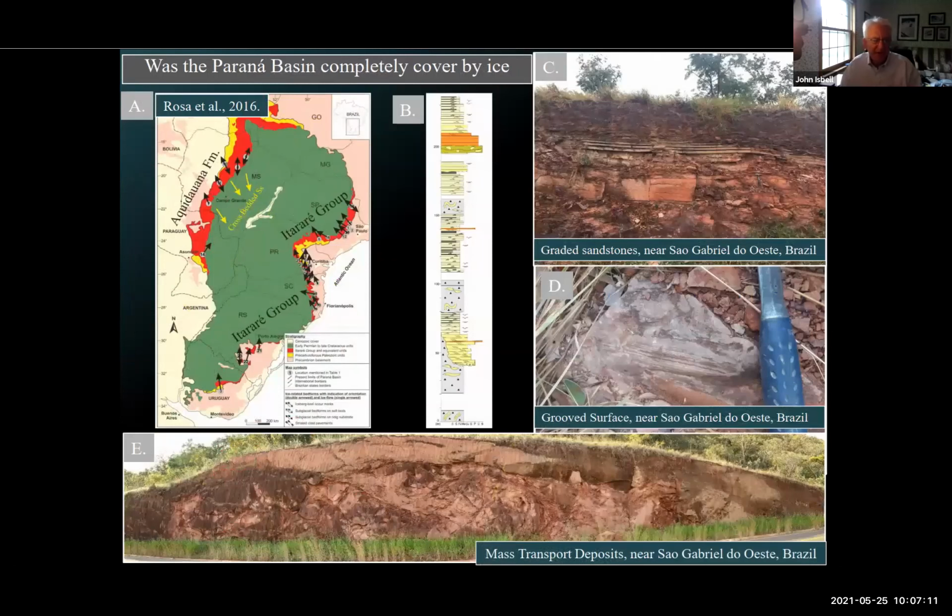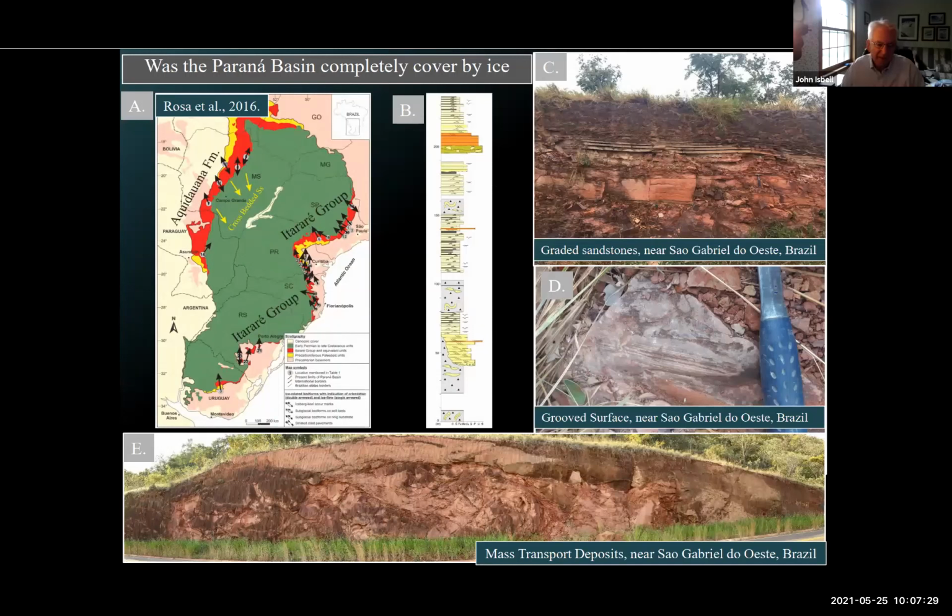Jumping to the opposite side of the basin, looking at the Aquidauana Formation along the western margin of the basin, many of the ice flow indicators are really giving trends rather than true directions. And so it's difficult to identify where glaciers were moving in or out of the basin.